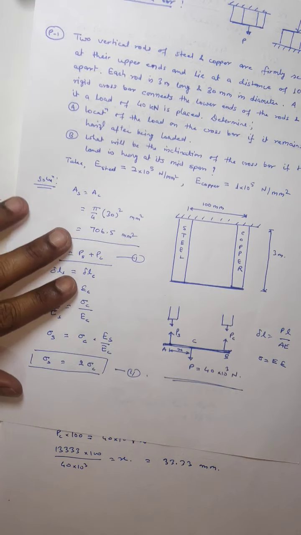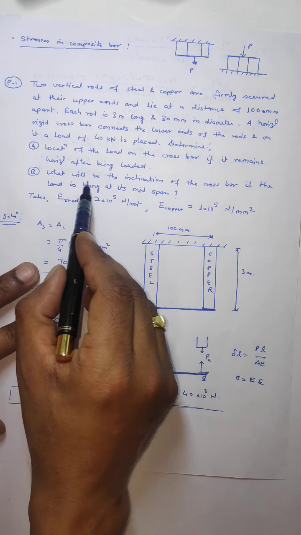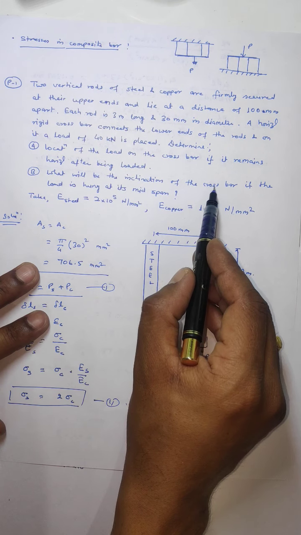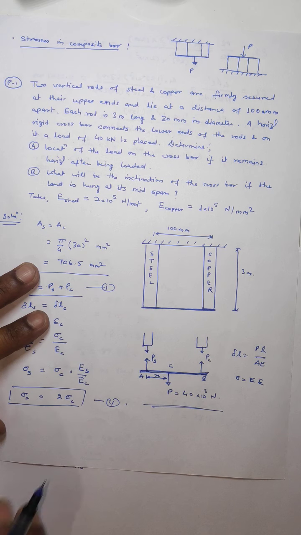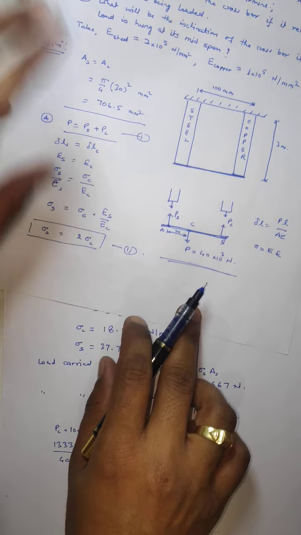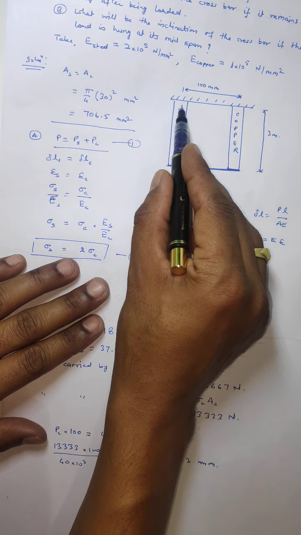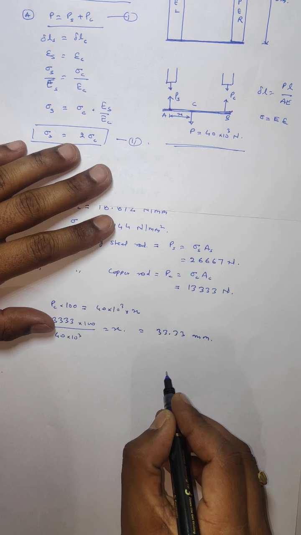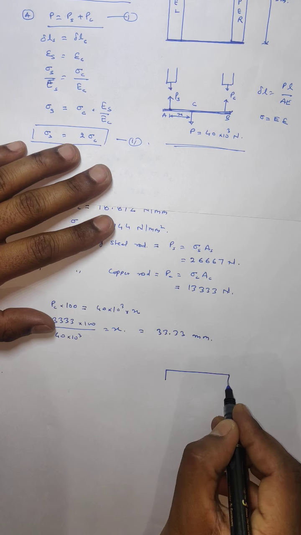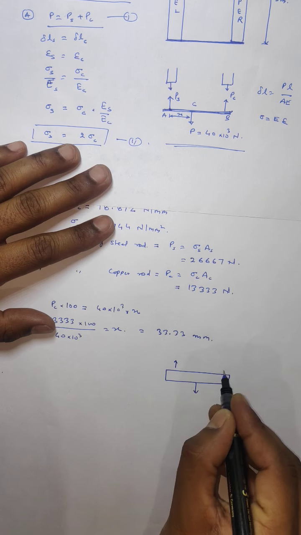So the location of this load can be calculated in this way. The second condition in this problem is: what will be the inclination of the crossbar if the load is hung at its mid-span? In the second case we are not putting it at a distance X, but in the midway, meaning 50 mm from here. In this condition the load is shared equally by both the rods.